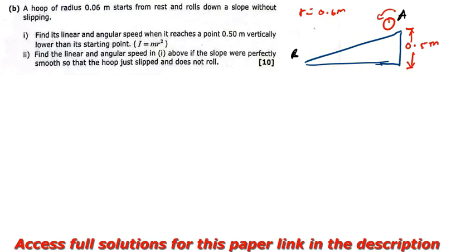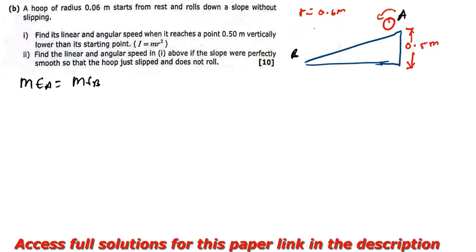So this is the conservation of energy, where we say the mechanical energy at point A should be equal to the mechanical energy at point B. What do I mean? The mechanical energy is the addition of all the energy which you have at that particular moment.